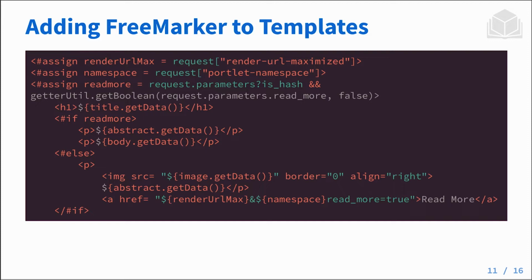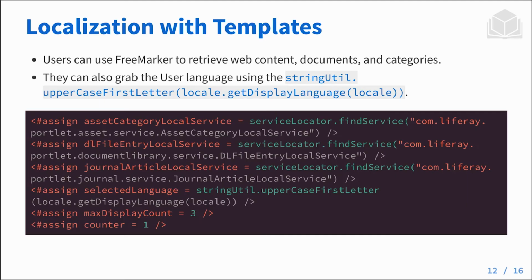All right, so this is a basic example that gives us a basic structure that we might see for a web content template. If we wanted to use the power of FreeMarker to do some more advanced examples in either our web content templates or our application display templates, we can just take advantage of some of the other aspects of the API, such as the method used to grab a particular locale.